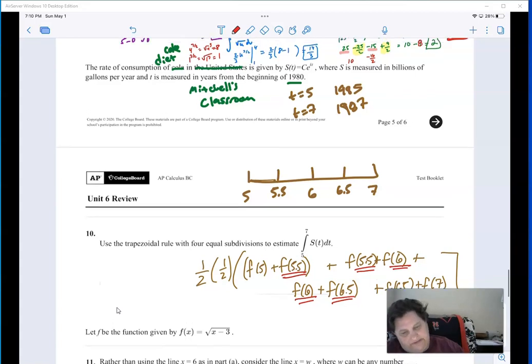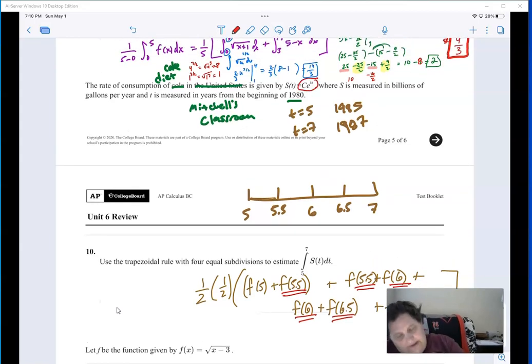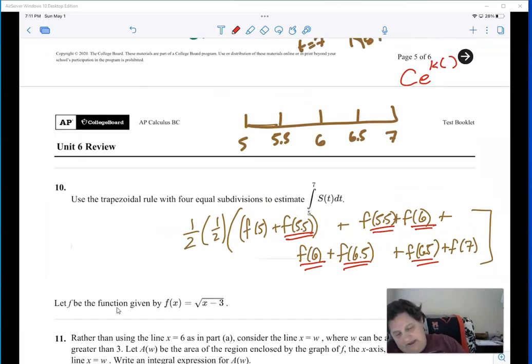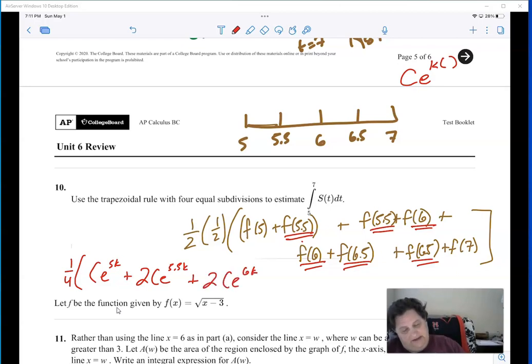So look, I have to find what f of all this stuff is. Well, I'm plugging in those numbers. So if this is s of t, it's t to the k, whatever. It's going to be trippy, but I'm going to write it. So it's going to give me 1/4, and then f of 5 would be c e to the 5k. Then I have two of these, 2 c e to the 5.5k. Then I have two of these, 2 c e to the 6k. And then I have two of these, 2 c e to the 6.5k.